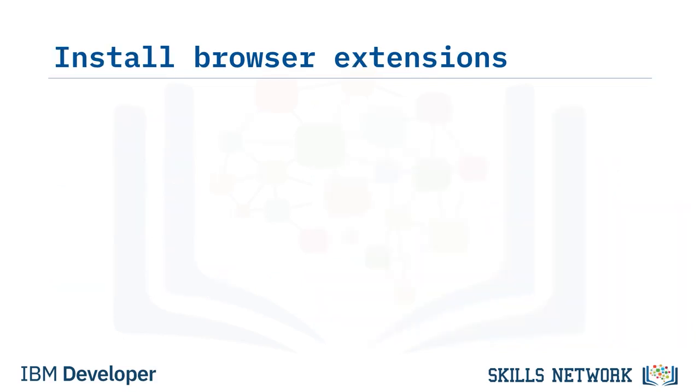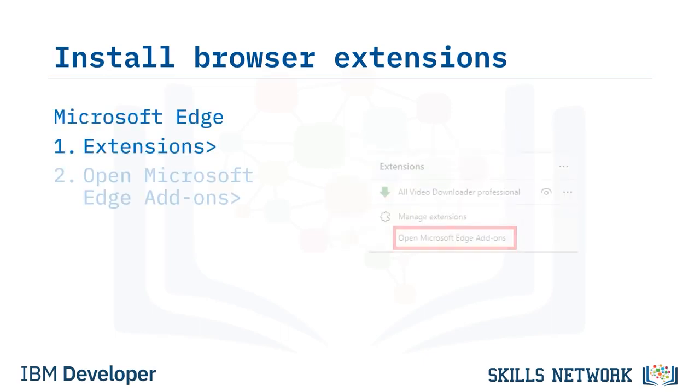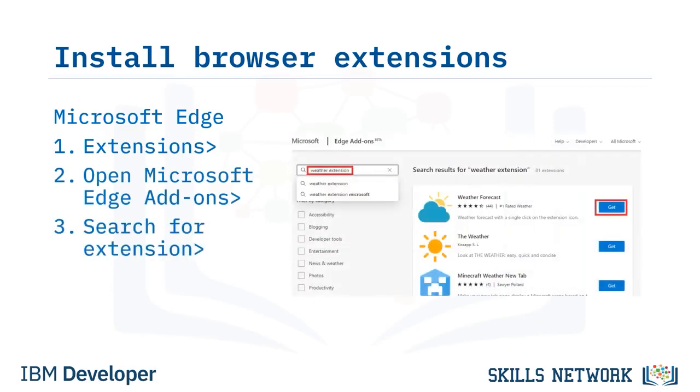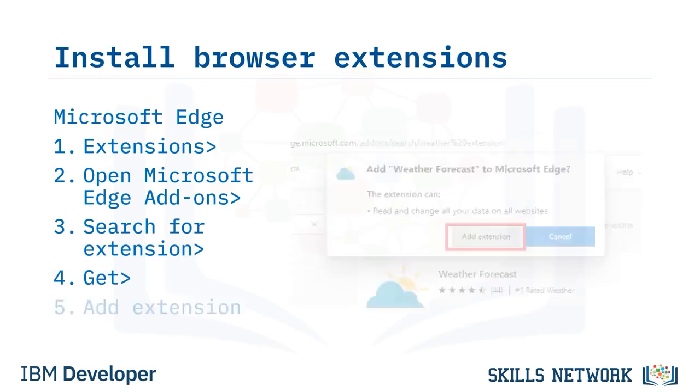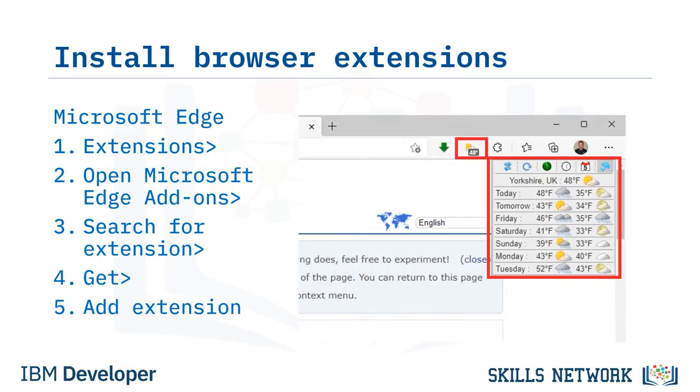The method for installing browser extensions varies slightly between different web browsers. For example, to install web browser extensions in Microsoft Edge, you select the Extensions button on the toolbar, select Open Microsoft Edge add-ons, search for the extension you want to install, select Get, and then select Add Extension. Your new extensions toolbar will now be visible in your web browser.